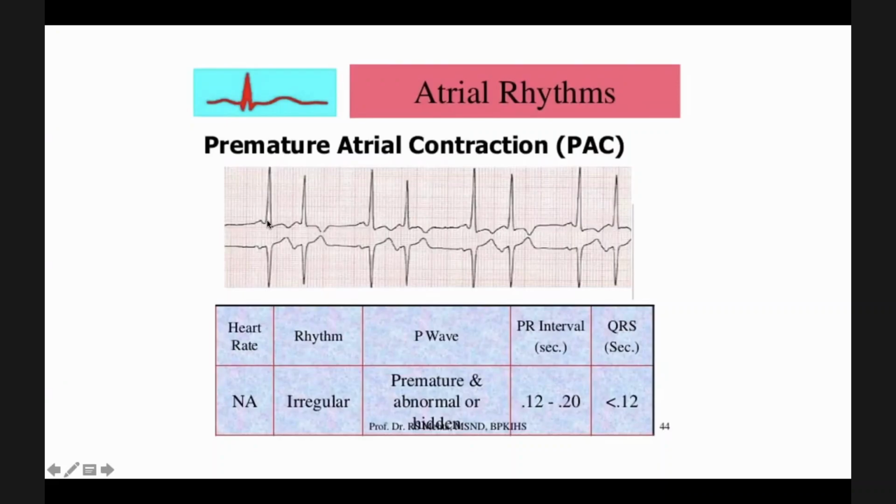If you see here, the P is somewhat abnormal, not the usual normal P. After that, there is a pause. But the QRS is the same narrow complex. So because of this atrial ectopic, there is a little difference in the P wave, and then a little pause. The P wave is premature and abnormal as well.